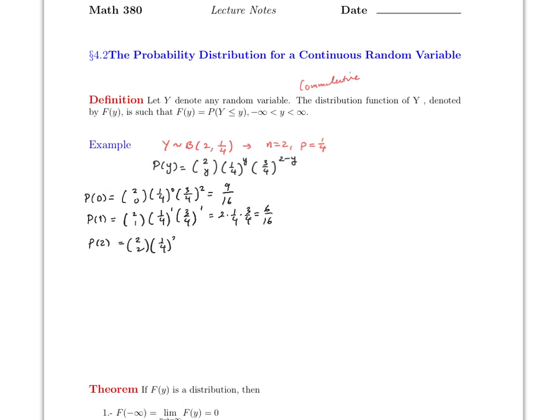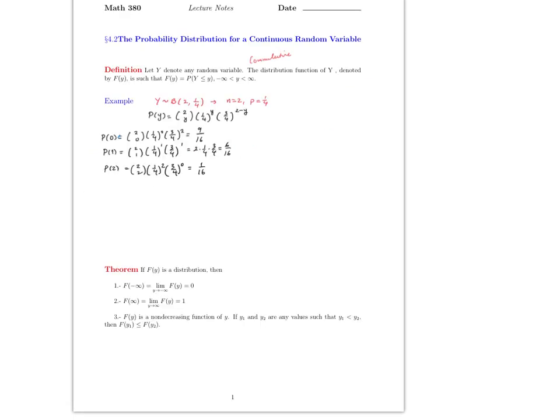So again, this is not new. Everybody should know how to do this by now. So we have done this multiple times. And remember that this is called the probability distribution, while capital F is going to be the cumulative distribution function.